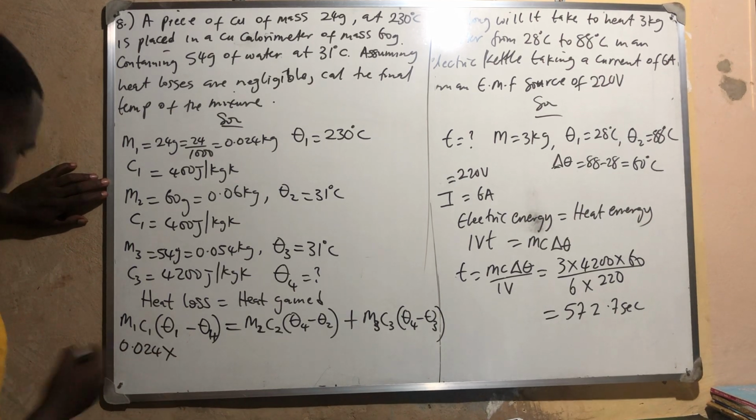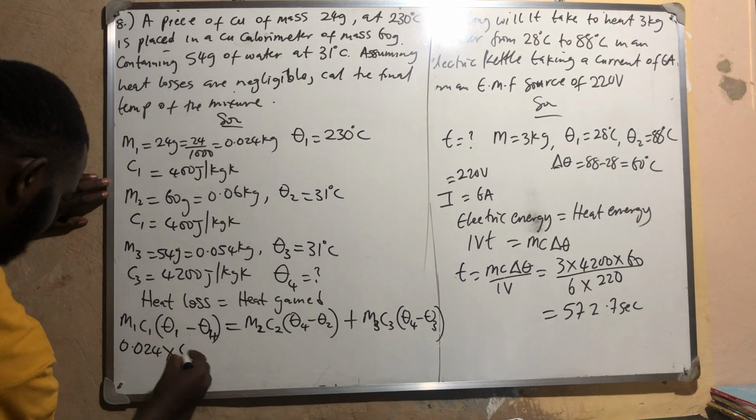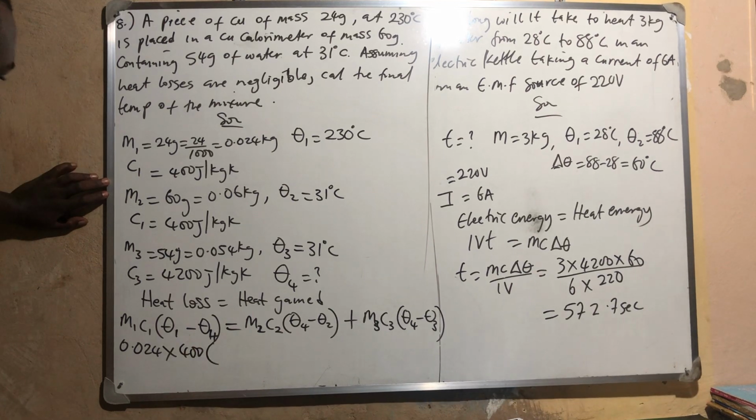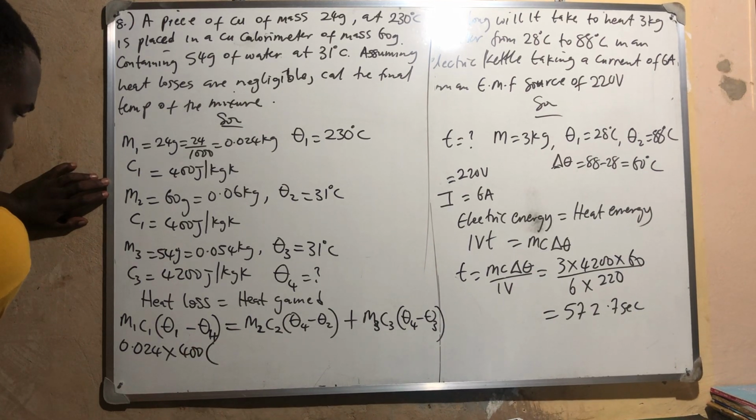I have 0.024 times my C1, which is 400, in bracket of my theta 1. What is my theta 1? Where is my theta 1?